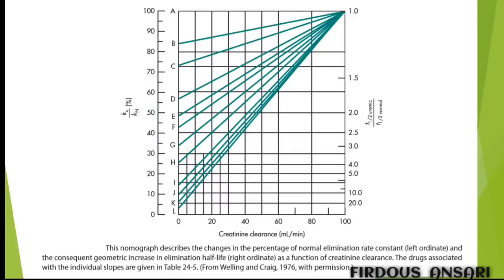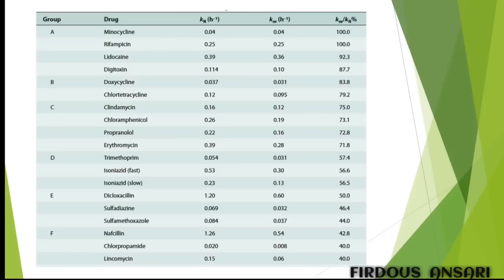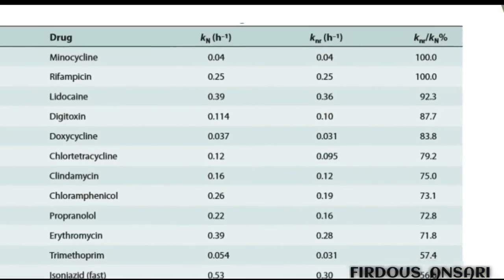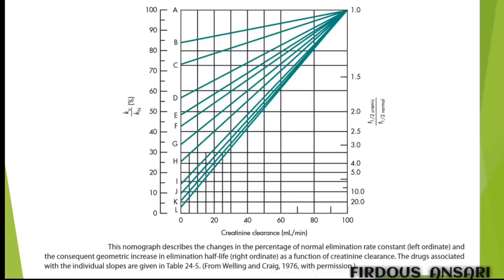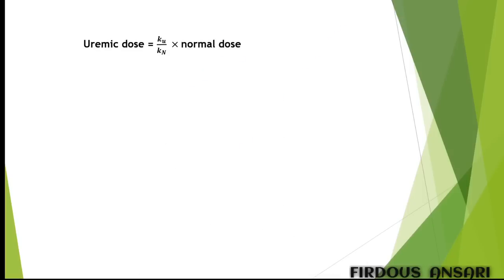For this method, they provided a list of drugs grouped according to the amount of drug excreted unchanged in urine. From the Ku by Kn ratio, the uremic dose can be estimated by the equation: uremic dose equals Ku divided by Kn multiplied by normal dose.